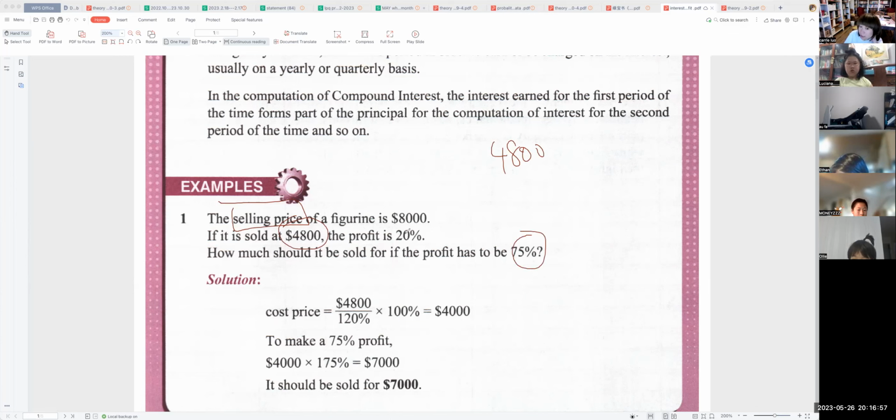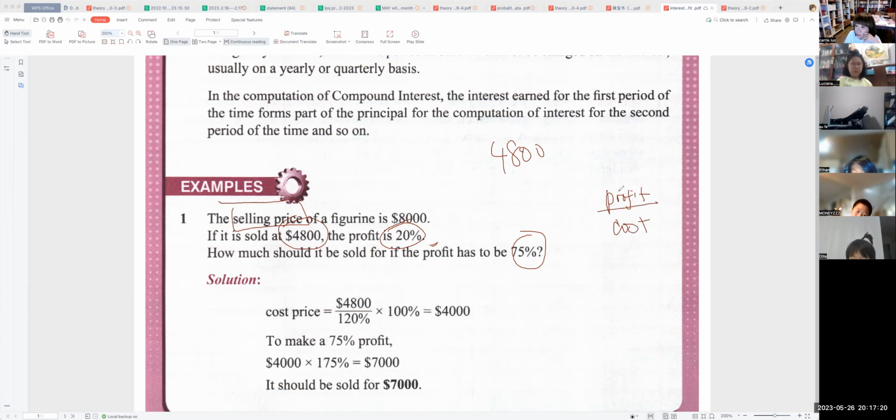OK，好，我们一步一步来。If we sell this for 4,800, the profit is only 20%. So remember, everybody, the profit percentage is profit divided by cost. Correct?